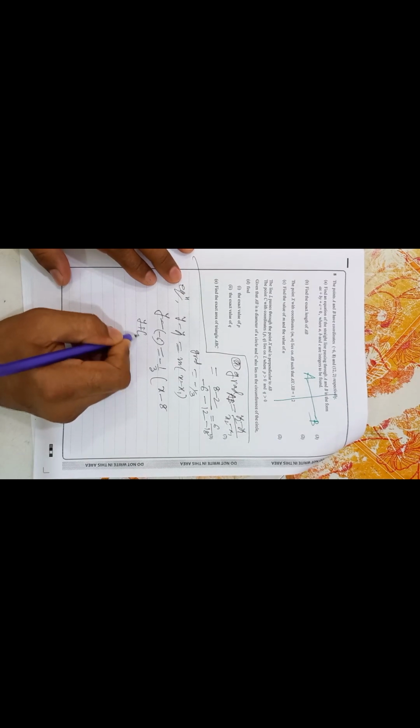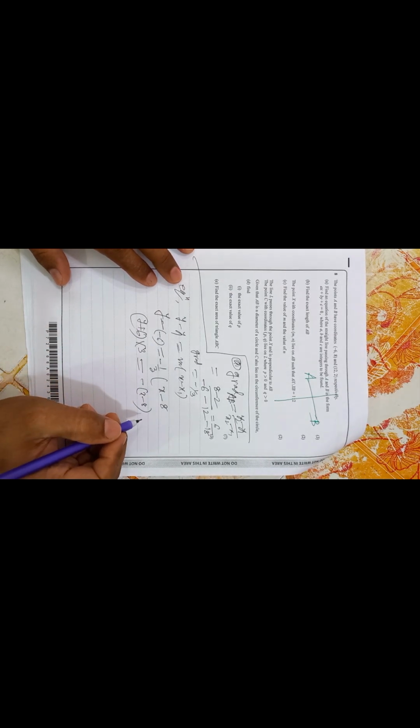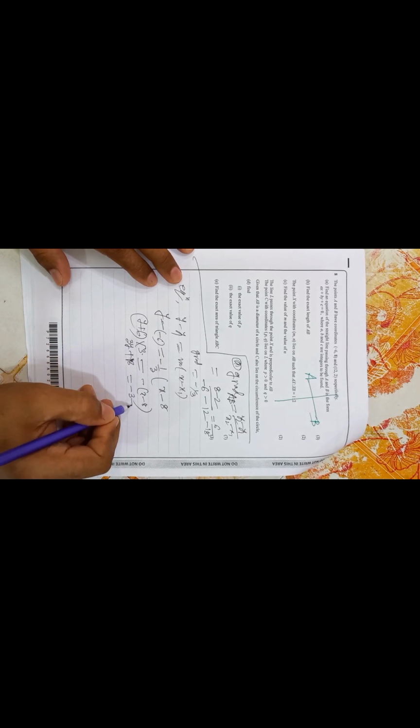Finally, by calculating, we cross multiply by 3: 3 times y minus 8 equals minus x plus 6.